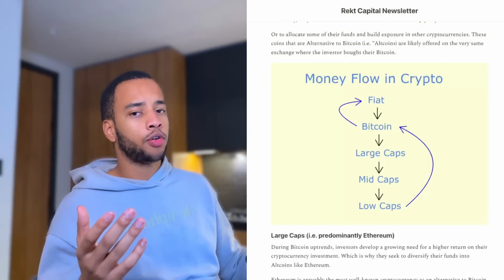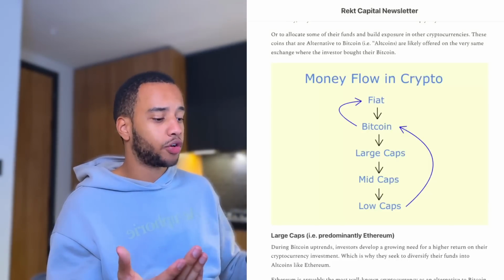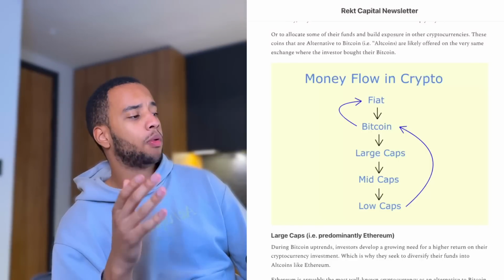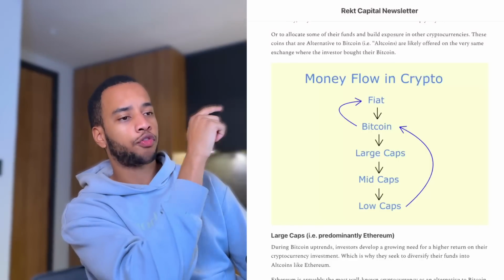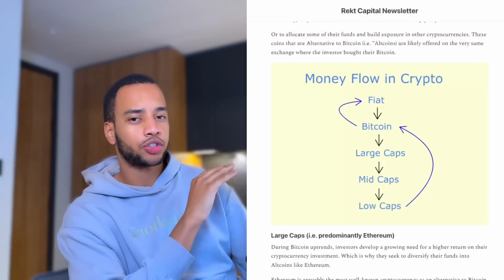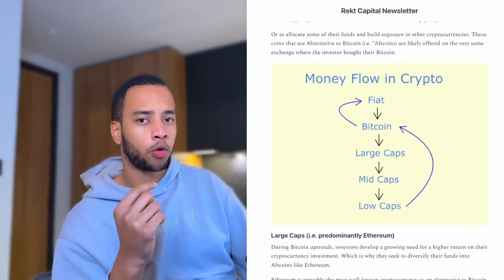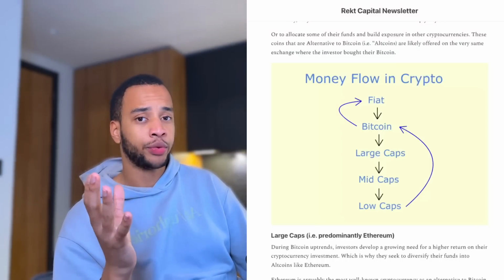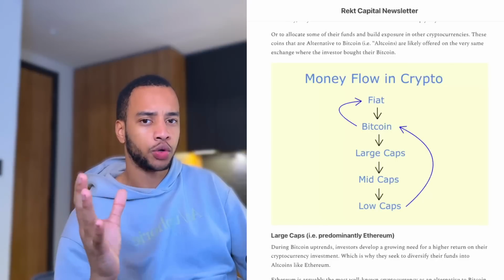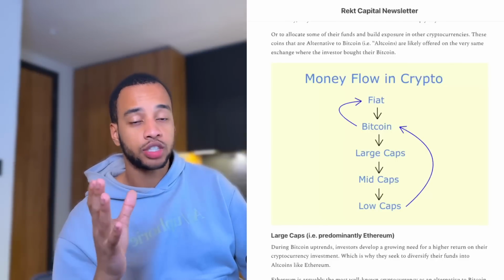Anyway, the article explains it in pretty big theory, but I can also explain to you guys how money usually flows. It goes from fiat into Bitcoin. That's usually how people start with crypto. Then they invest it into some bigger altcoins like Ethereum. Once they've got Ethereum, they can kind of diversify into different projects on the chain. Same thing goes for BNB.